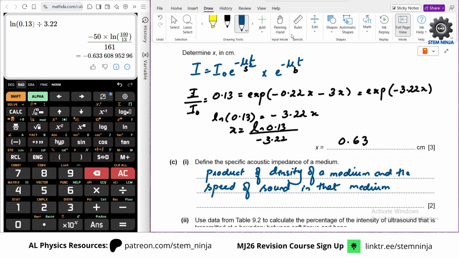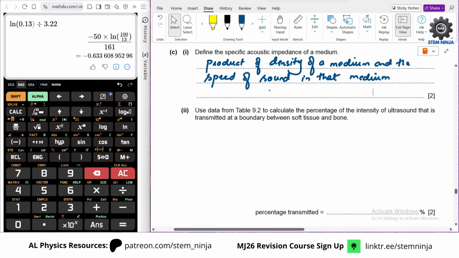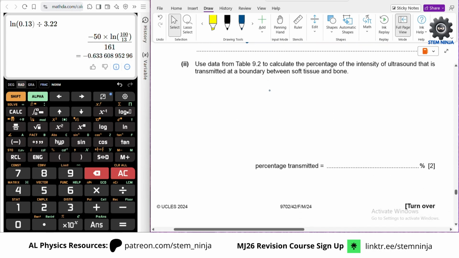Okay. Use the data from figure 9.2 to calculate the percentage of the intensity of ultrasound that is transmitted at a boundary between soft tissue and bone. So basically we need the reflected, and from reflected intensity we can figure out what the percentage transmitted is.